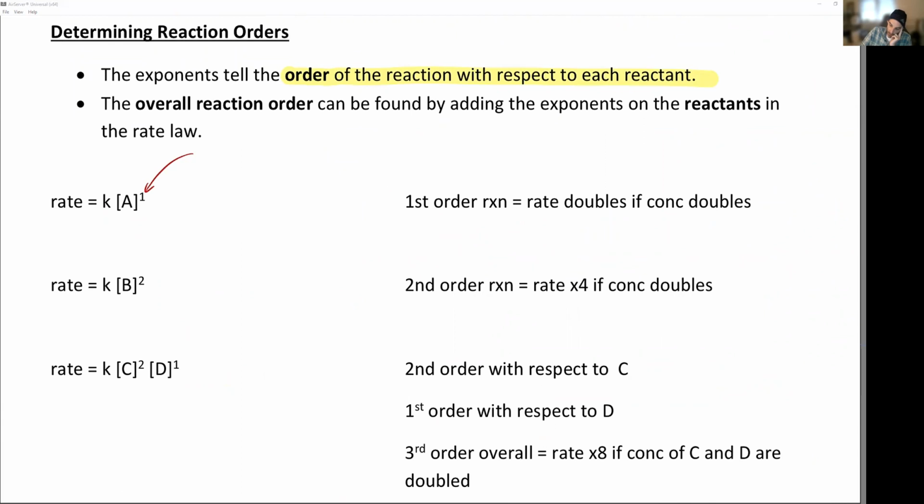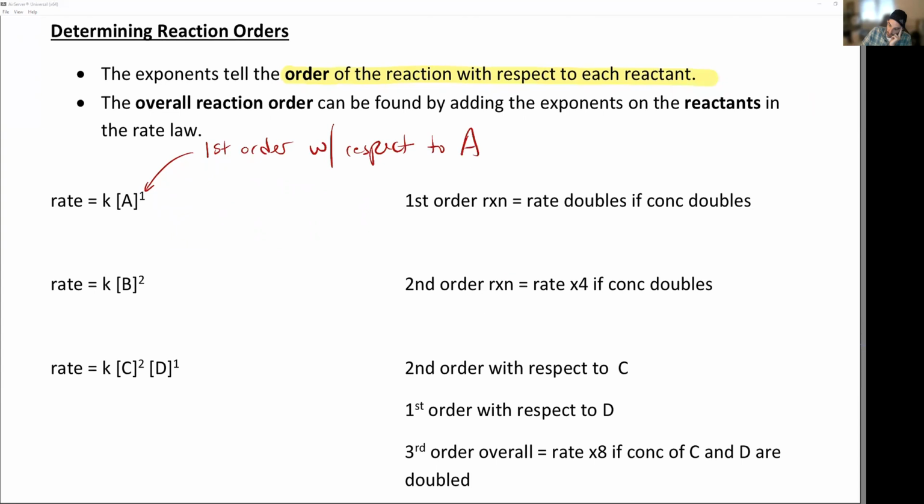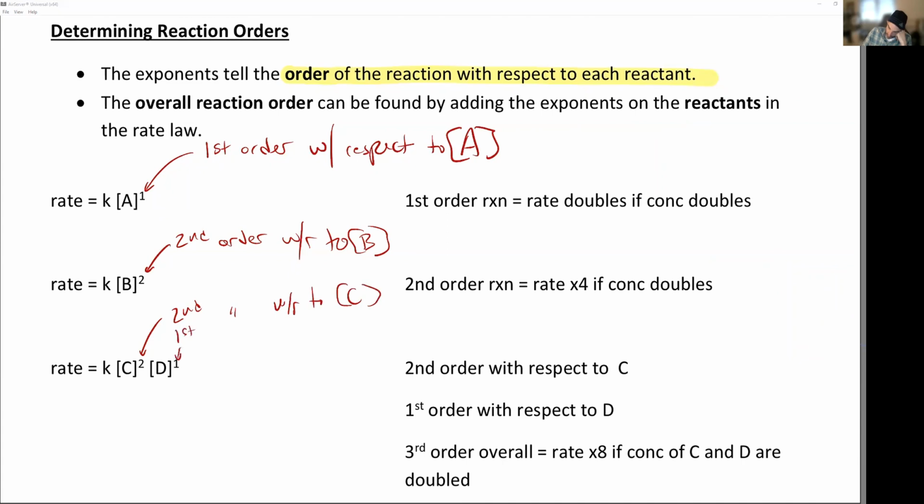This one right here, we would say that this is first order with respect to the concentration of A, or substance A. This one right here would be second order with respect to B. Here, I'm going to say that this is second order with respect to C, and first order with respect to D. Okay, these are all different equations, different reactions.